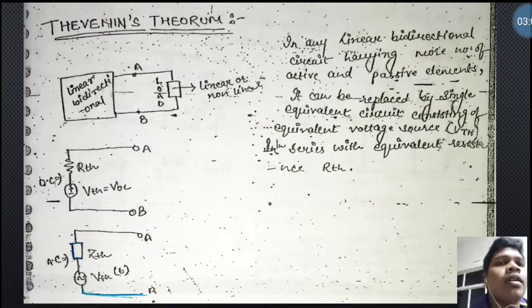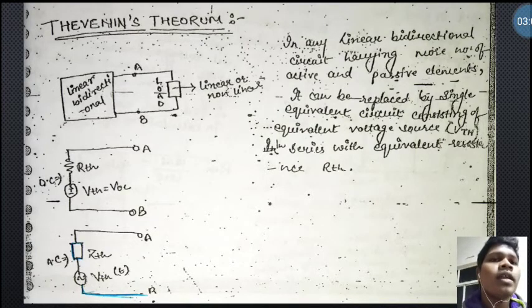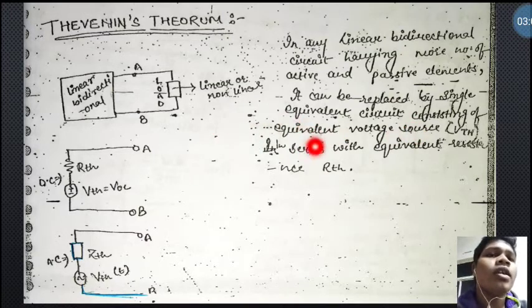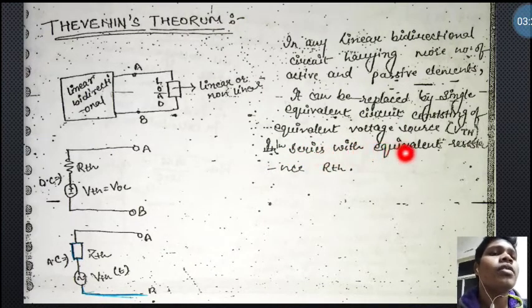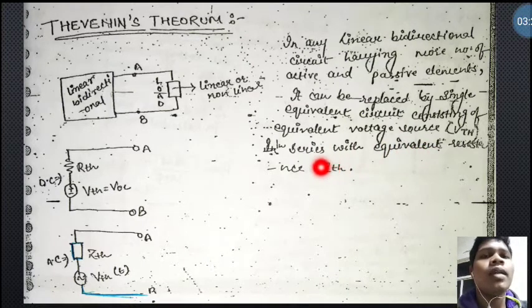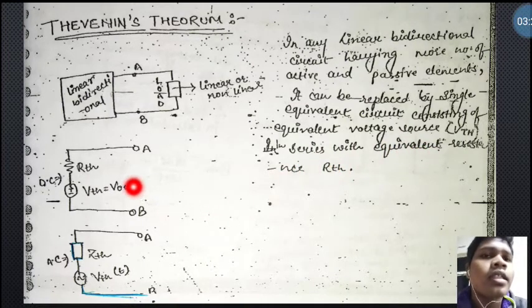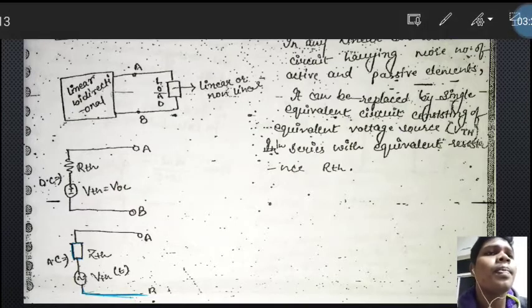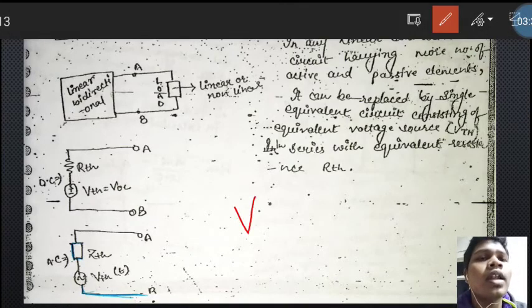So we first need to replace all the voltage sources and current sources with a single voltage source, that is VTH, in series with an equivalent resistance. We need to convert all the resistances, inductances and whatever is present in the network to an equivalent resistance, which is connected in series with the voltage source. See, the figure is like this.